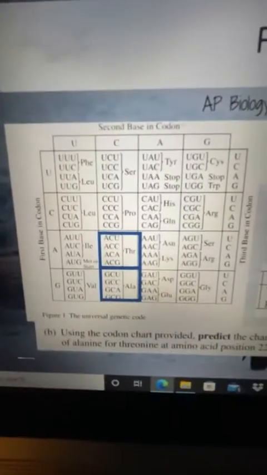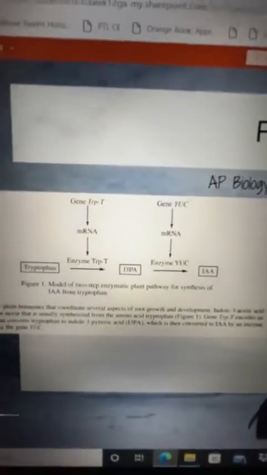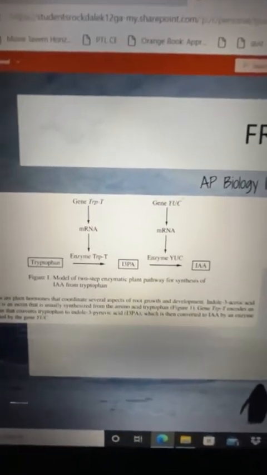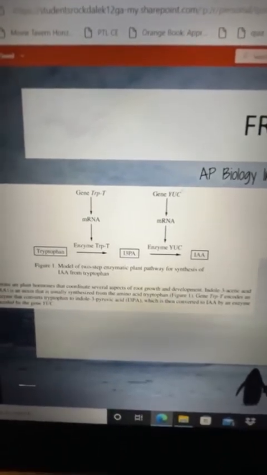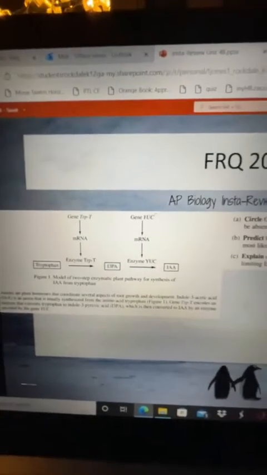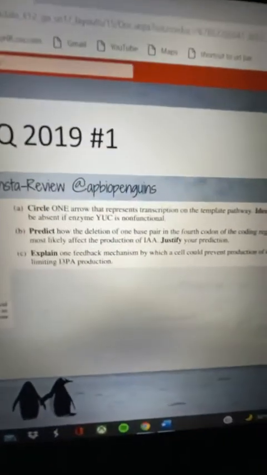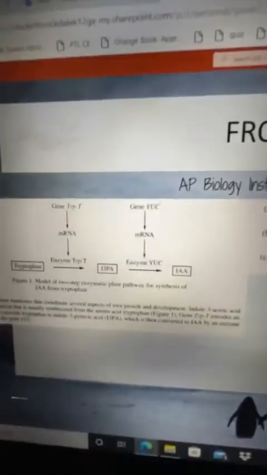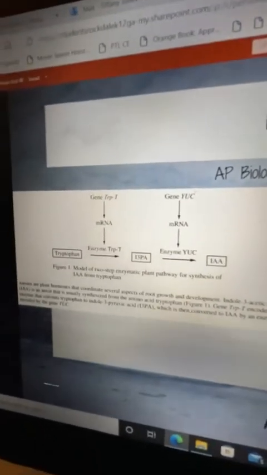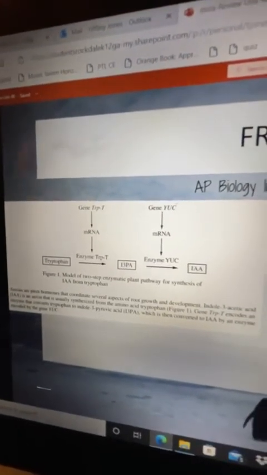I'm not crazy. Cool. So the next one we have is looking at this gene to mRNA to our whole big sequence. The question asks us to circle one arrow that represents transcription. So you have to think, where is transcription? What process happens during transcription?